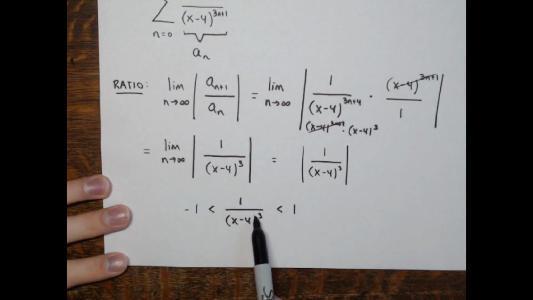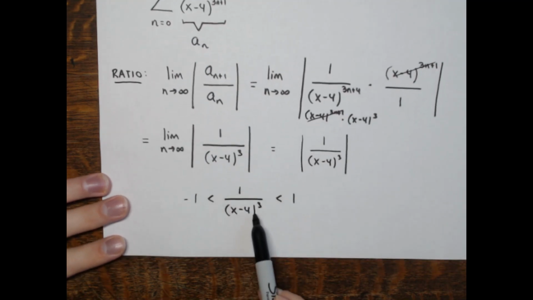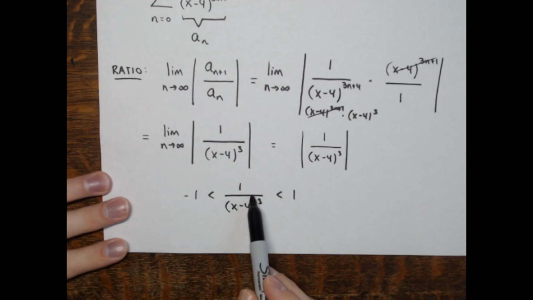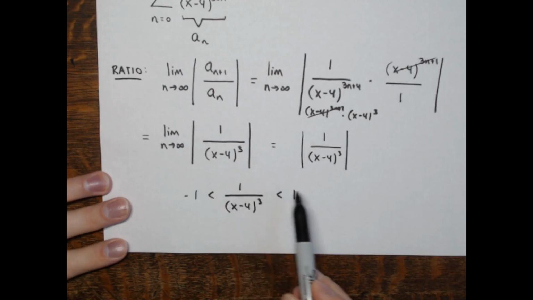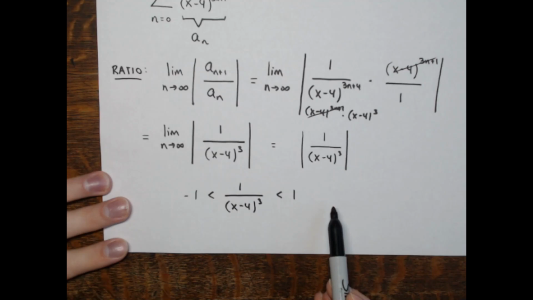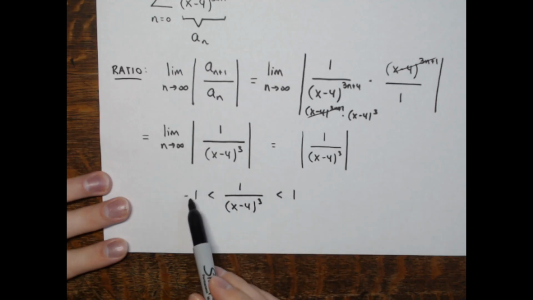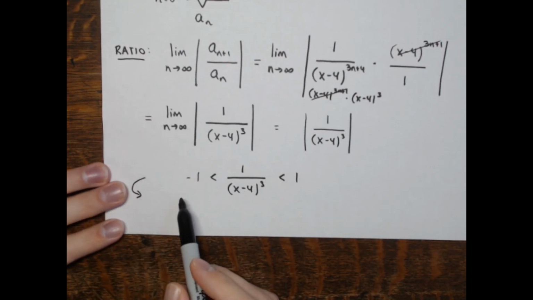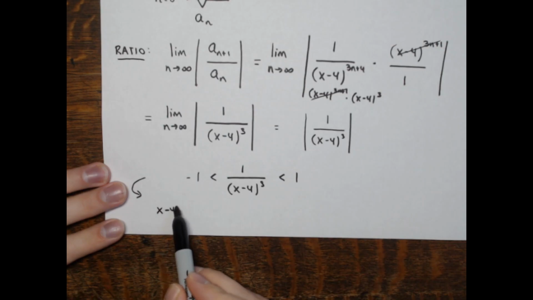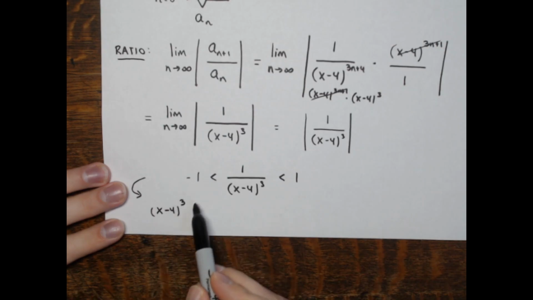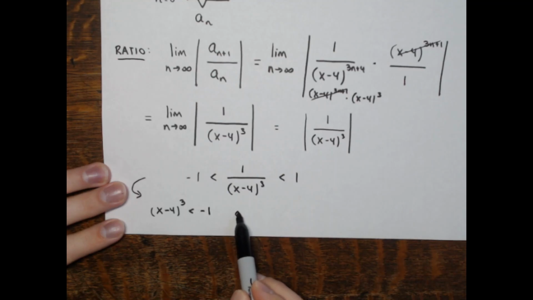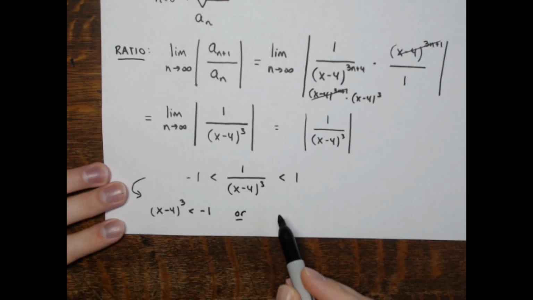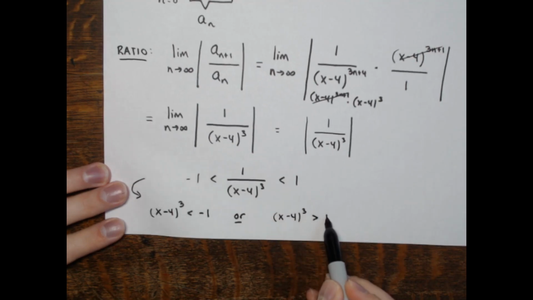And the only way, if this were positive and less than 1 and I flip things, it'll be greater than 1. And if this were negative and greater than -1 and I flip it, it'll be less than -1. So when I do the flips here, this splits. This would mean that x minus 4 cubed would have to be less than -1, or x minus 4 cubed would have to be greater than positive 1.